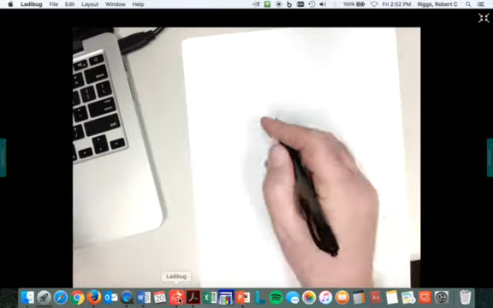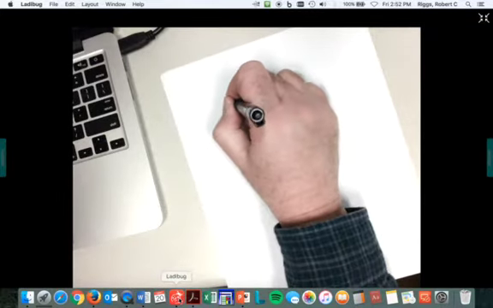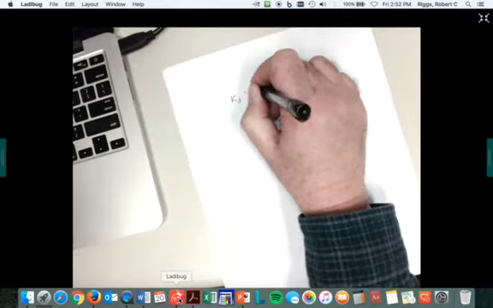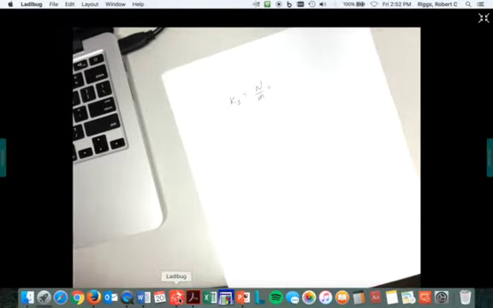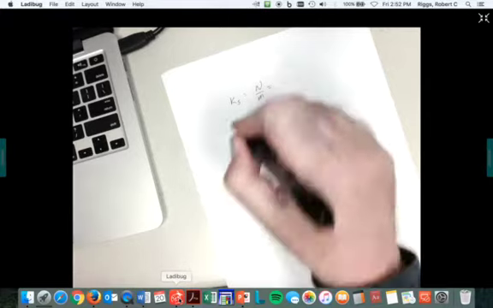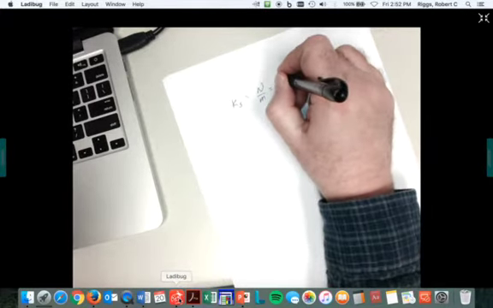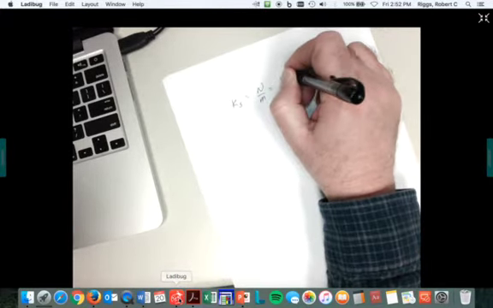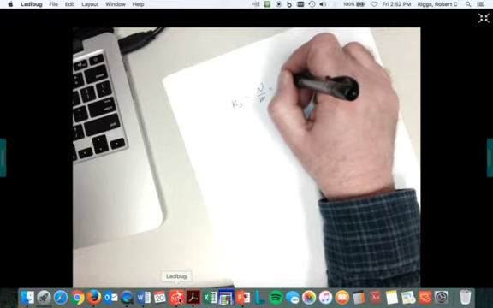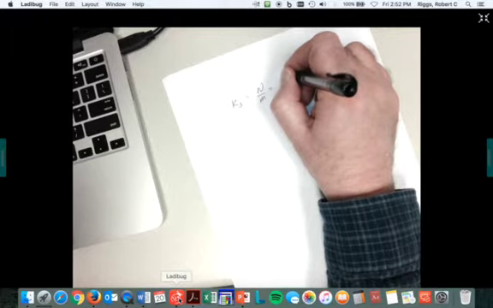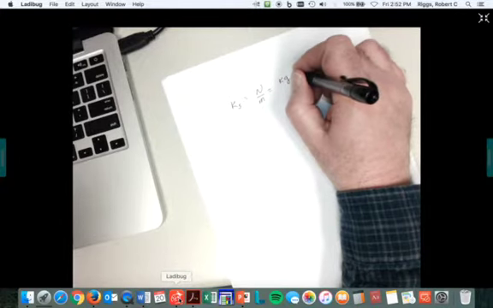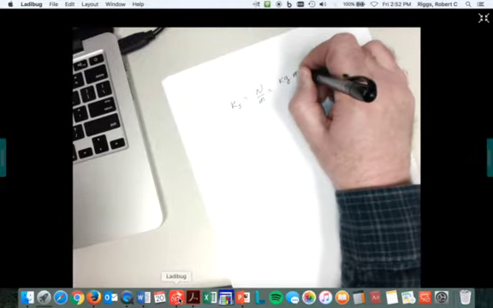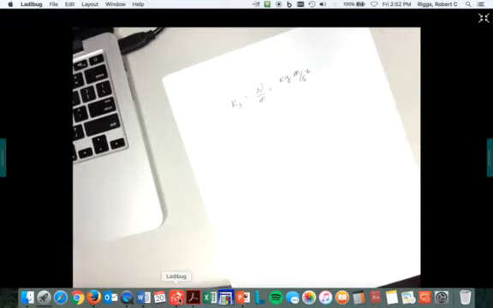The spring constant is in newtons per meter, and a newton is a kilogram meter per second squared.